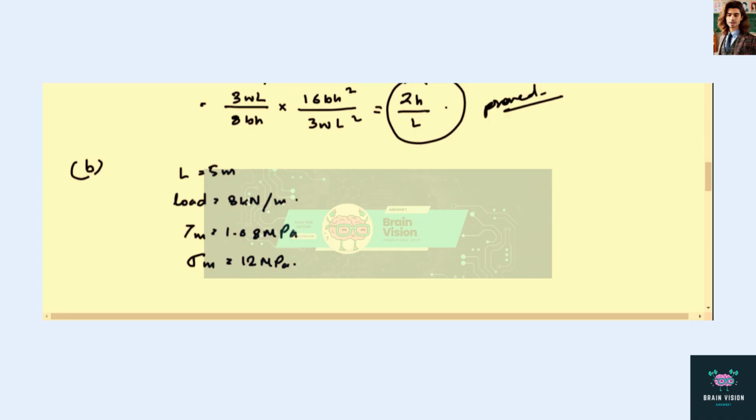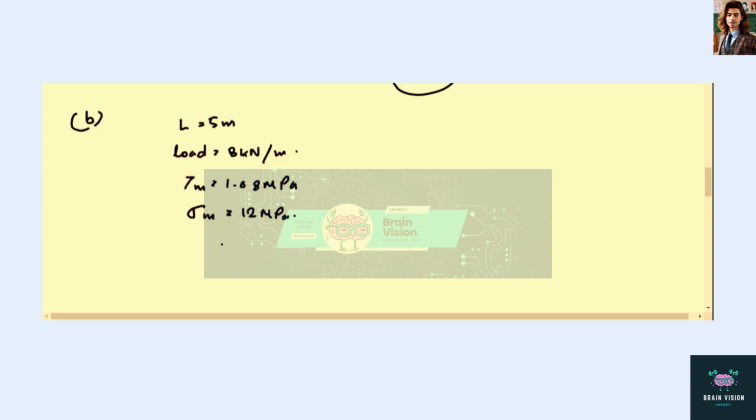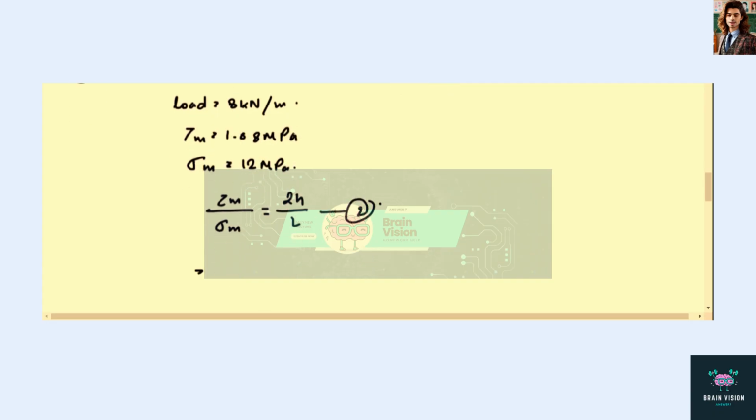So from part A we have tau max, that is the maximum shear stress upon the normal stress, is equal to twice H upon L. So we have 1.08 upon 12 is equal to twice H upon length, which is 5.